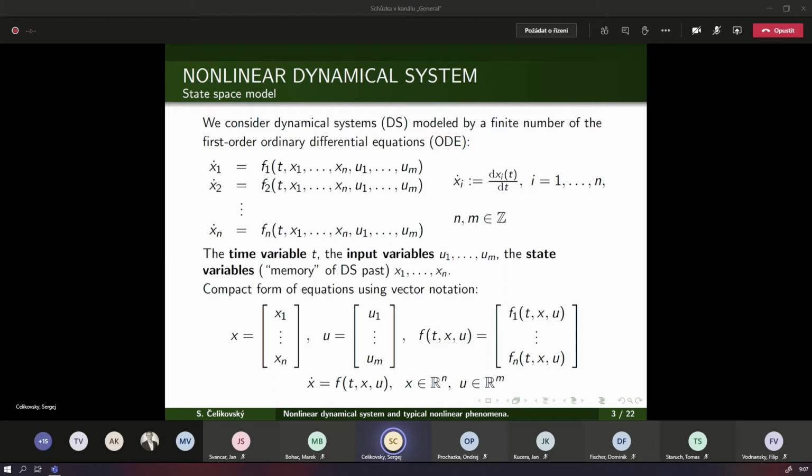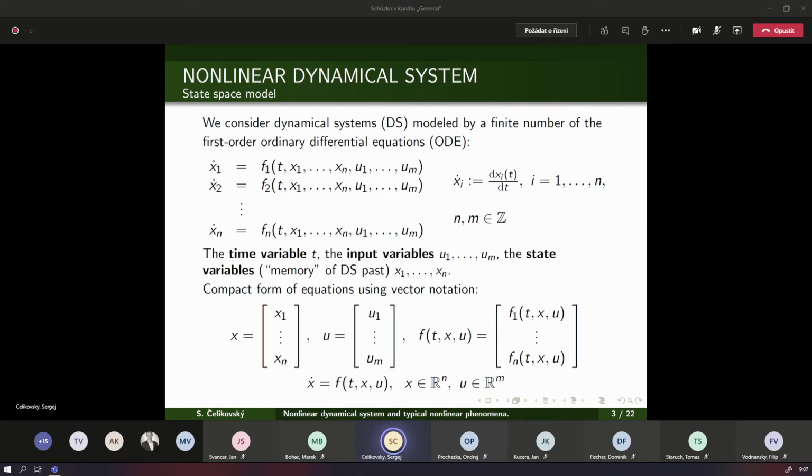So x1 up to xn are state variables. Then we have some input variables, u1 up to um. All these quantities are scalars, and x1 dot, x2 dot, and so on denotes the full time derivative of this state with respect to time.